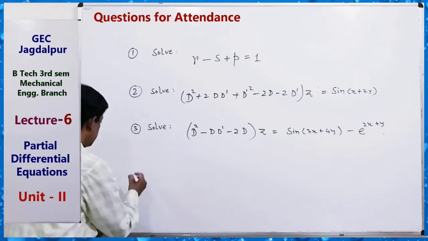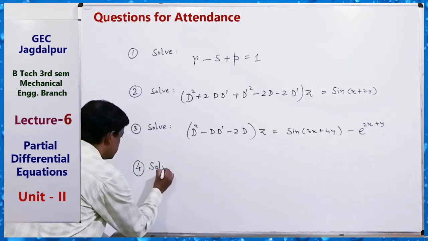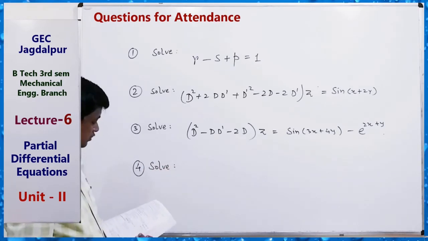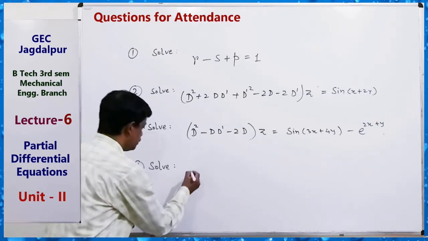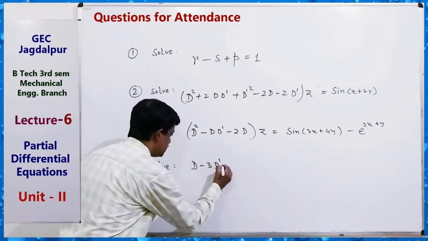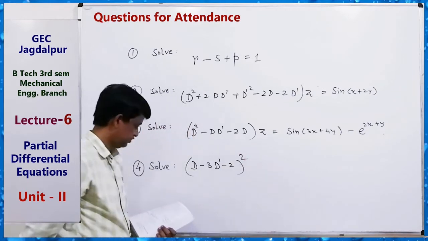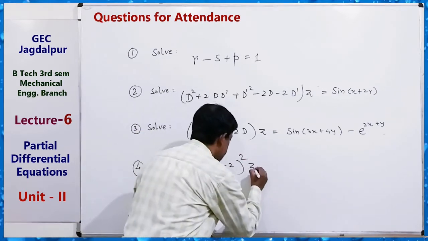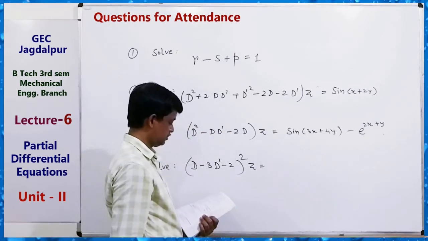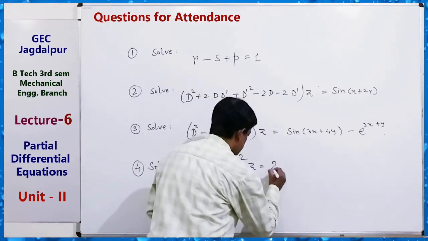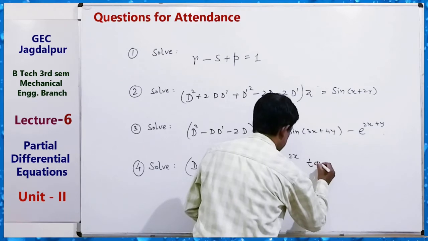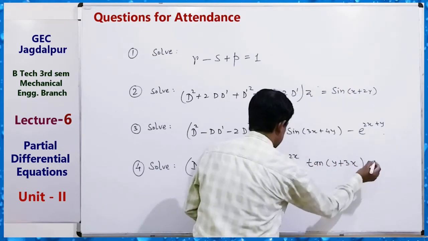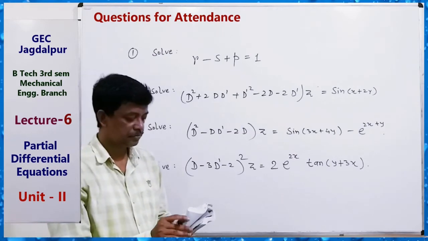also solve (D minus 3D dash minus 2) whole square z equals 2 e to the power 2x plus 10y plus 3x. Clear?